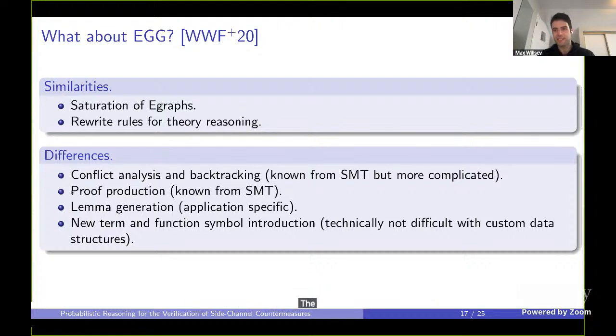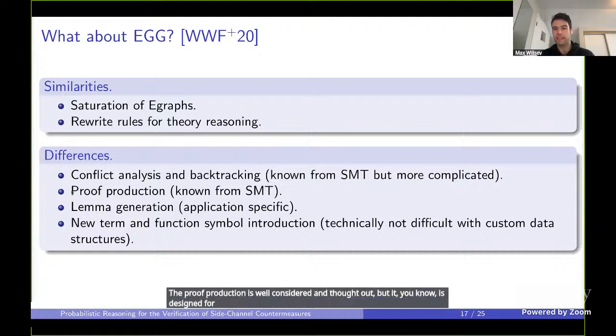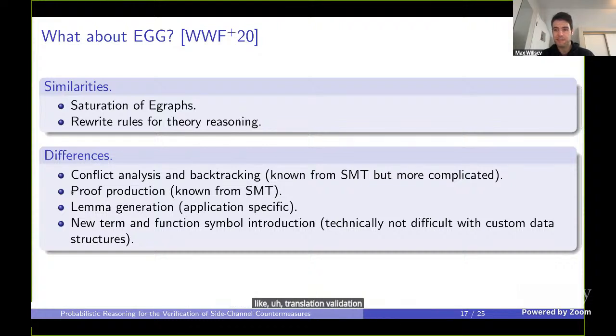The proof production is well considered and thought out, but it is designed for translation validation mostly. Like I got from A to B, and I want to see how I did that. One could probably build conflict analysis on top of this, but it also doesn't support backtracking.